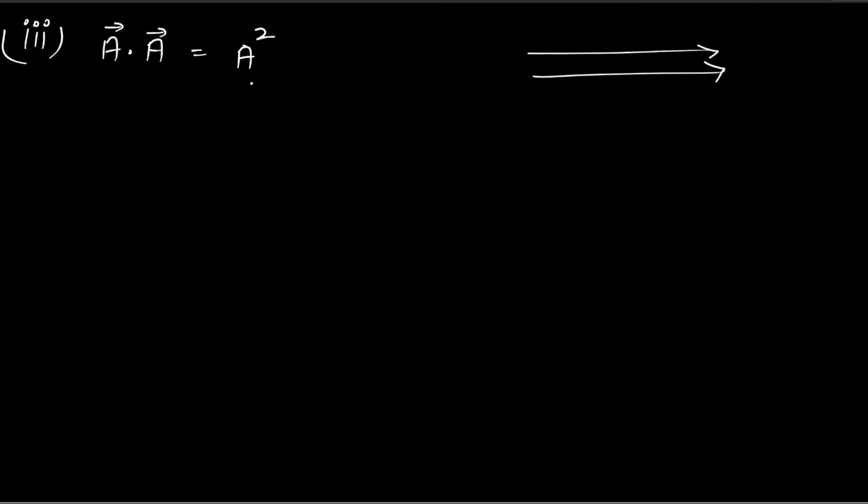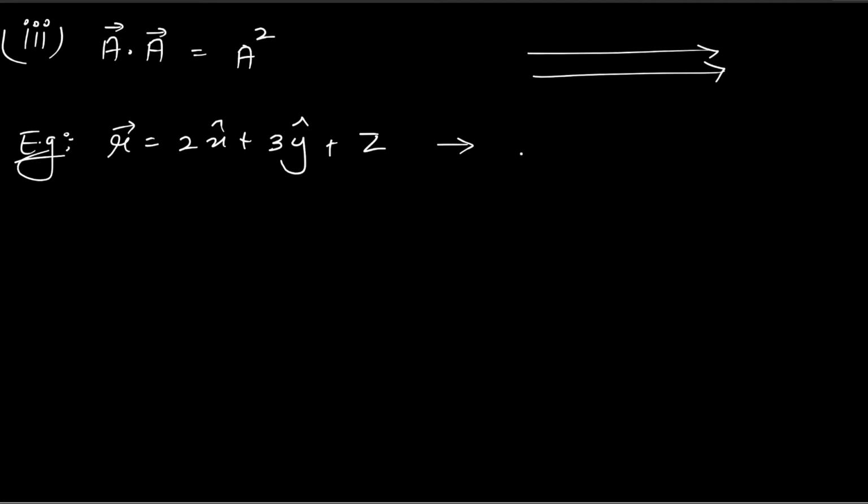For simplicity, let me take an example to find the magnitude: 2x cap plus 3y cap plus z cap. If somebody asks what the magnitude is, the direct formula comes from this only.